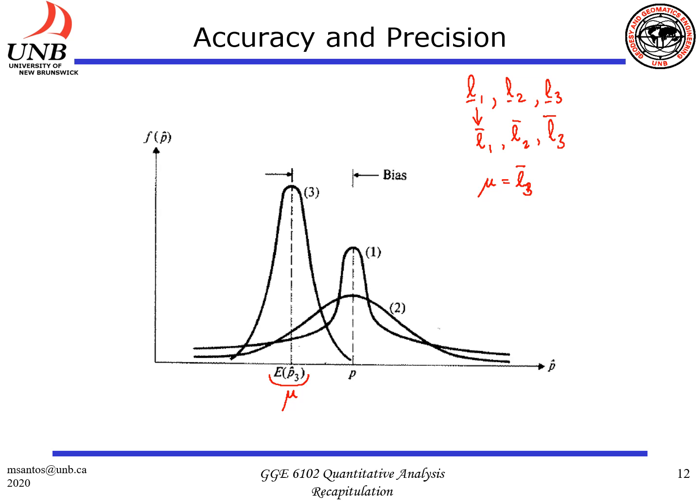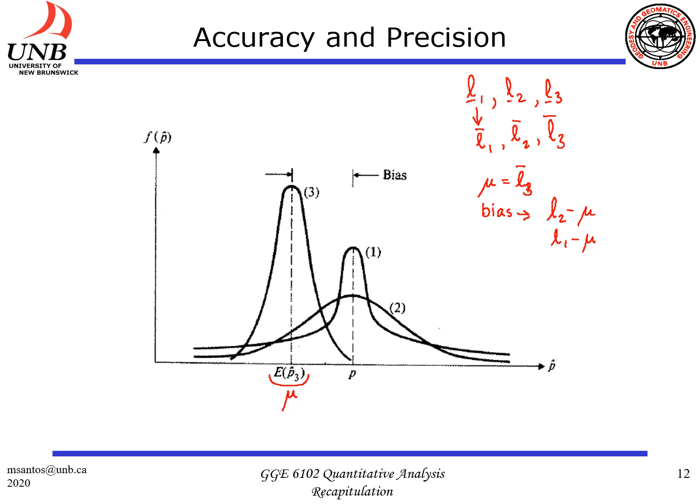On the other hand, there is a bias, and the bias is the difference between the mean values. So we have a bias for L2 minus mu, and L1 minus mu.